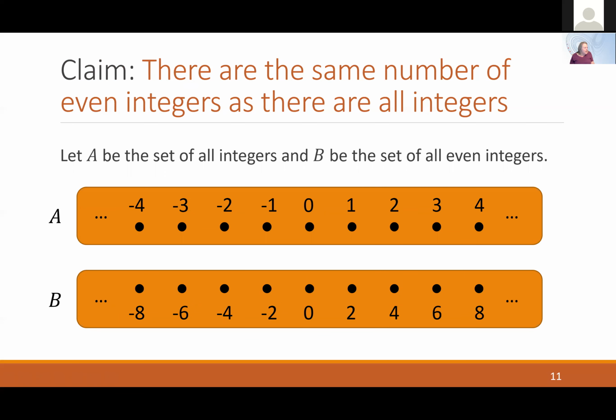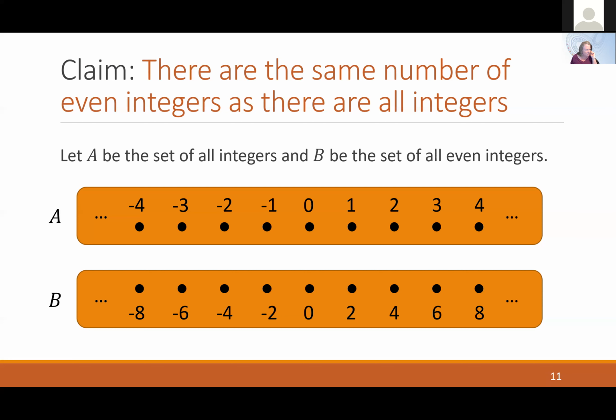Okay, so take a moment. I'll give you about 30 seconds. Look at those two sets of numbers. Can you create a function that would map the numbers in set A to the numbers in set B? So hold off, don't put anything in the chat yet.